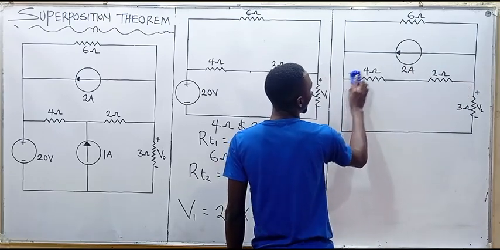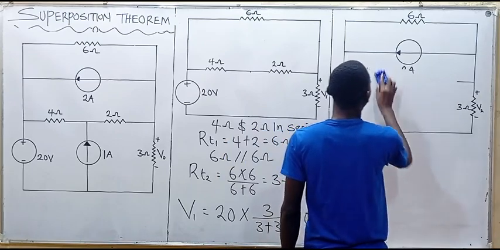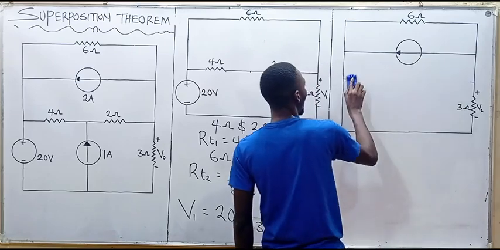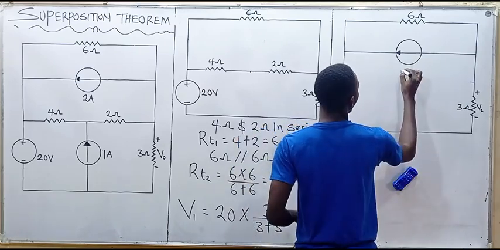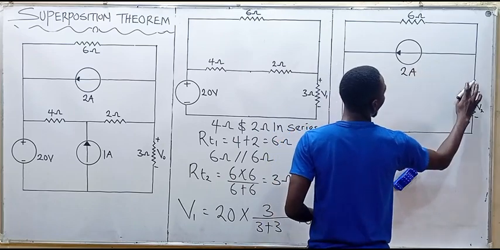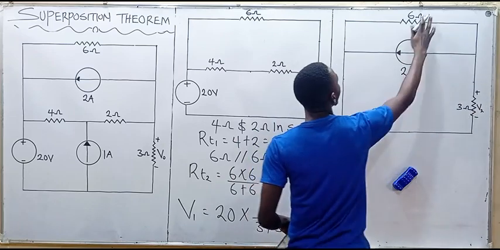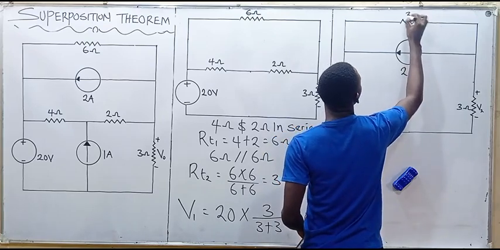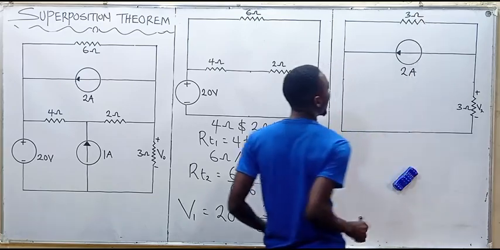So you can see how the diagram looks like. This is 2 ampere, and this becomes 3 ohms.